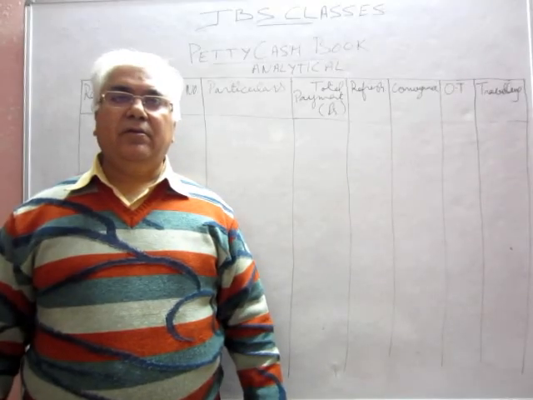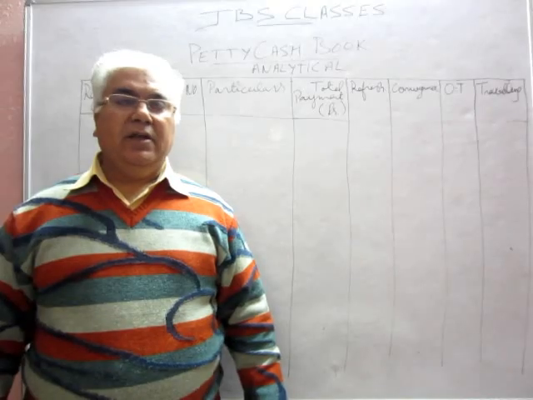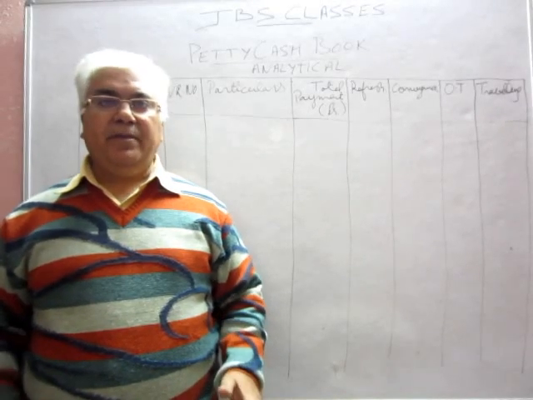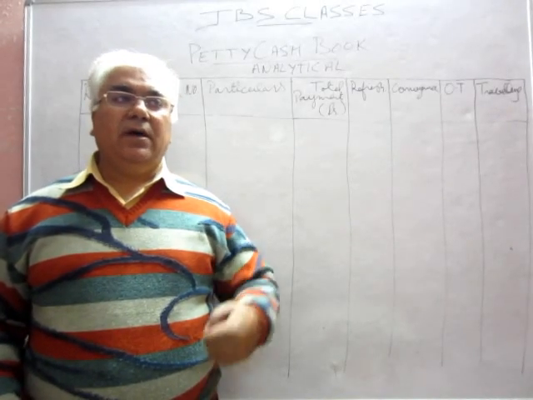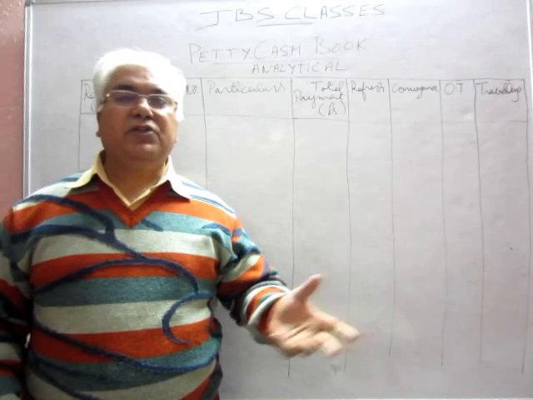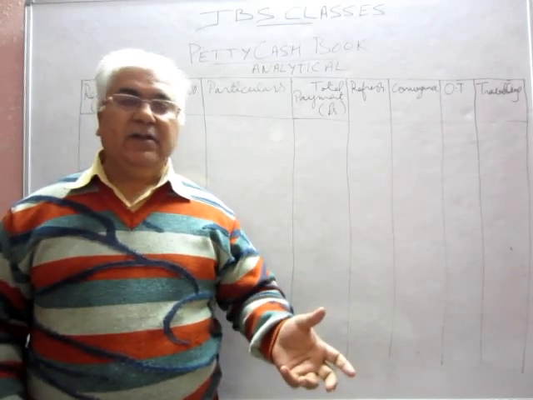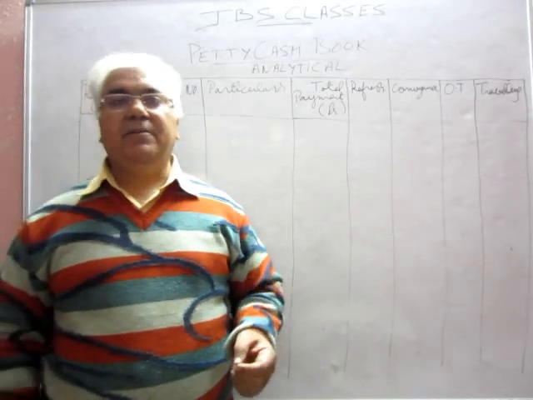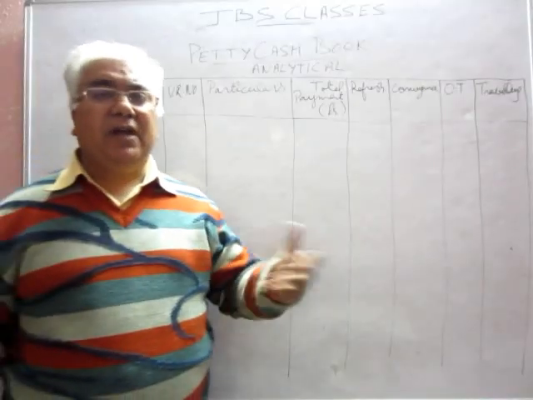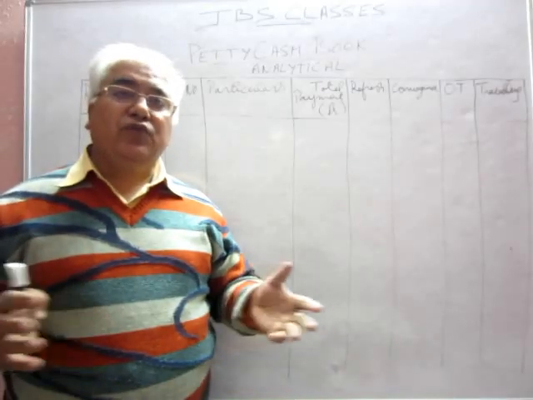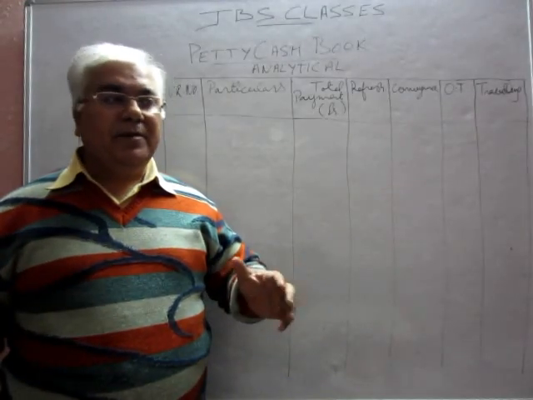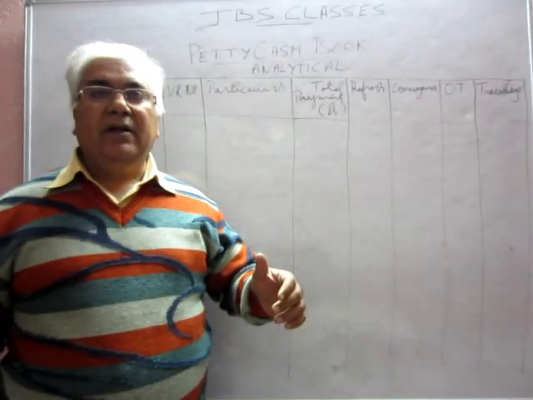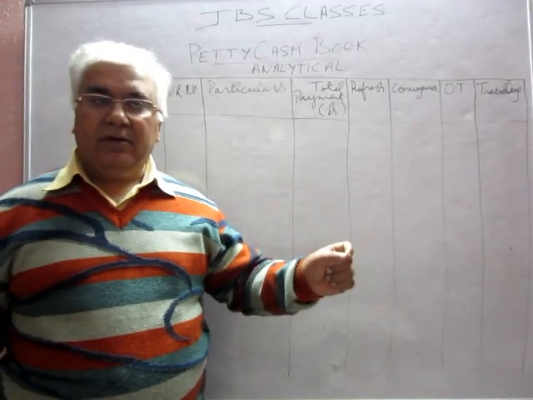Now I will explain the petty cash book. It's very difficult for the main cashier of an organization to keep a record of all the small payments he makes. For example, if the main cashier makes payments of 20 rupees, 50 rupees, 100 rupees, there will be so many payments, and these small payments will keep him occupied and hinder his work.